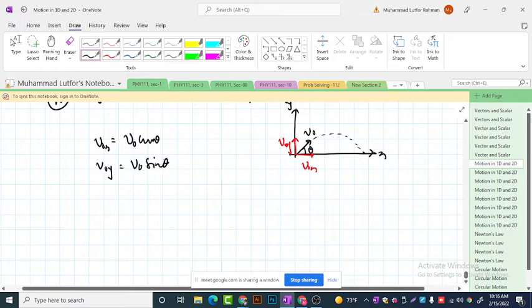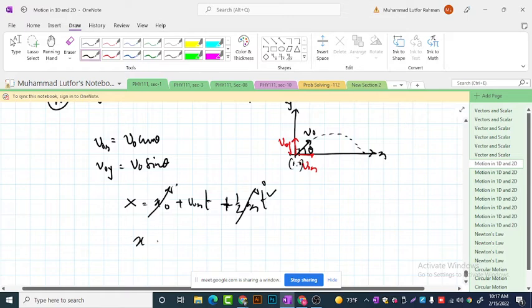I can write cos of 90 degrees minus theta because this angle is basically 90 degrees over here. Fine, that's great. Now we have two types of equations of motion. First I'll write for the x direction: x equals x naught plus v naught x t plus half a x t square. Along the x direction the particle moves at a constant velocity, so the acceleration will be 0, and I choose this as my origin, so x naught is going to be 0.